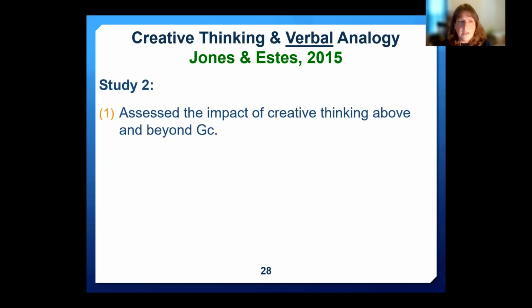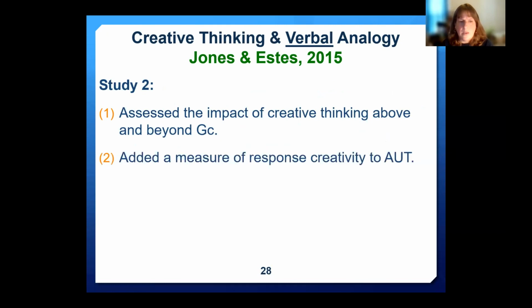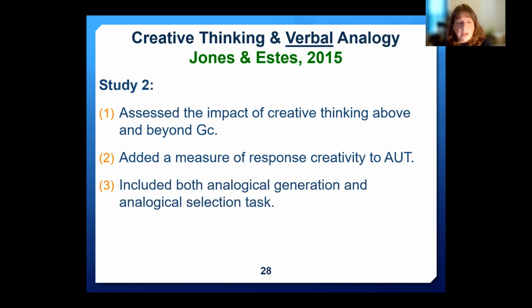In the second study, we addressed 4 additional points. We assessed the impact of creative thinking above and beyond crystallized intelligence, which, by the way, is a really strong factor in verbal analogy. And that's been shown, as I mentioned, in several studies. And we added a measure of response creativity in addition to the fluency measure for the alternative uses task. And we included both an analogical generation and an analogical selection task.